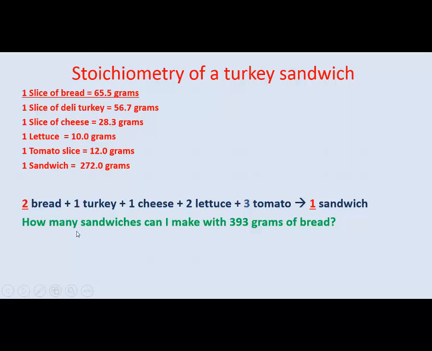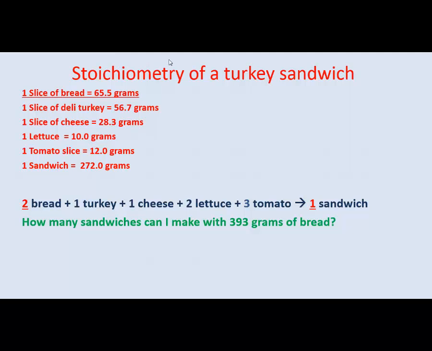So let's say I was told that I would like to know how many sandwiches I can make if somebody has weighed out 393 grams of my bread. And I'm going to go ahead and slice my bread, so the thickness of bread is 65.5 grams per slice of bread. Now, since I have a gram quantity, I'm going to use this relationship, which is a little bit like a molar mass. It's more of a slice mass in this case.